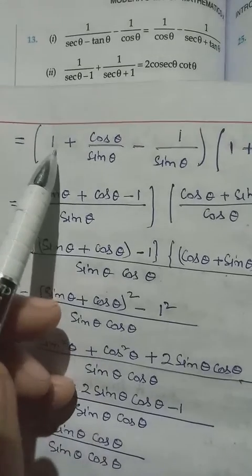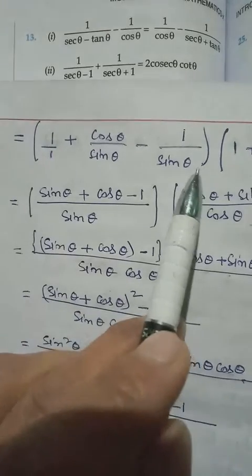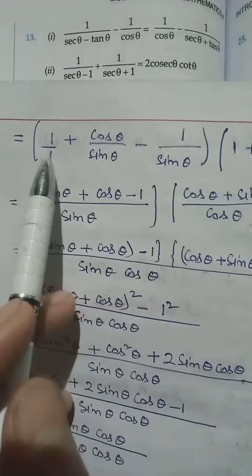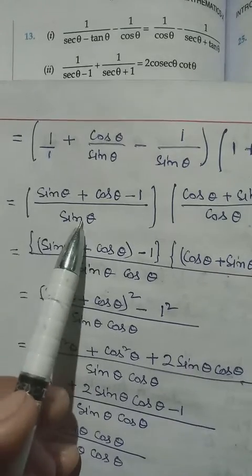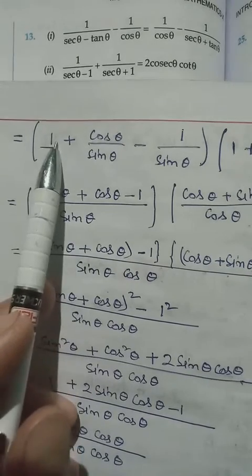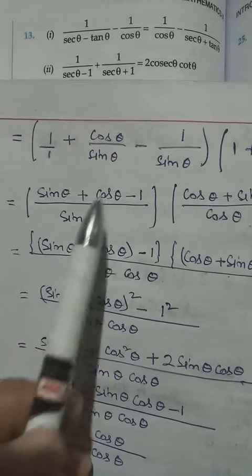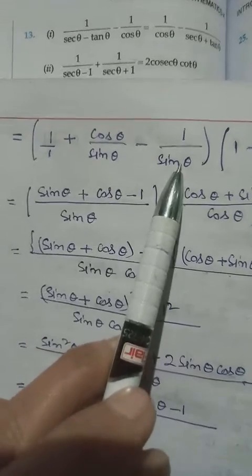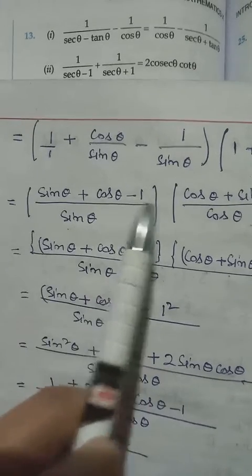Here we have separate brackets, so we'll find the LCM in each separate bracket. If you look here, sine theta and 1, so the LCM will be sine theta. 1 divided by sine theta, we get sine theta, so sine theta into 1, sine theta. Denominator and LCM same, numerator remains same. Here also denominator and denominator same, numerator remains same.